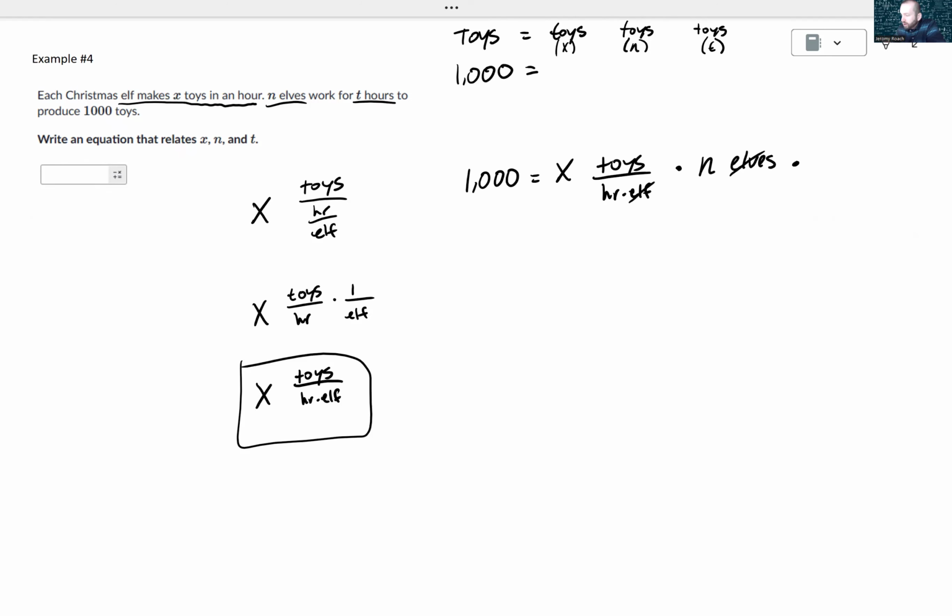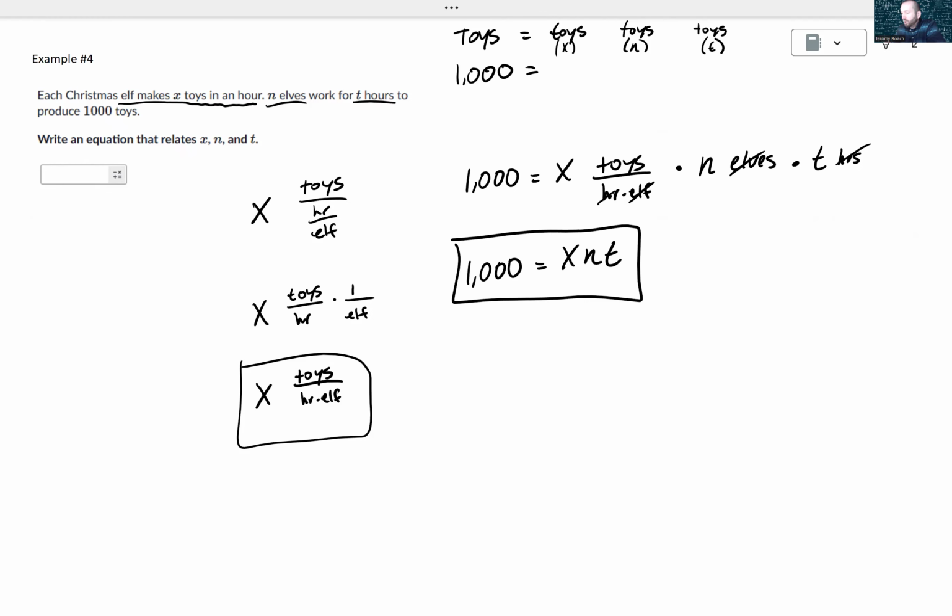And then if we multiply by t hours, that cancels out the hours part. And now we're just left with toys. 1,000 toys equals this amount of toys. So 1,000 equals x n t.